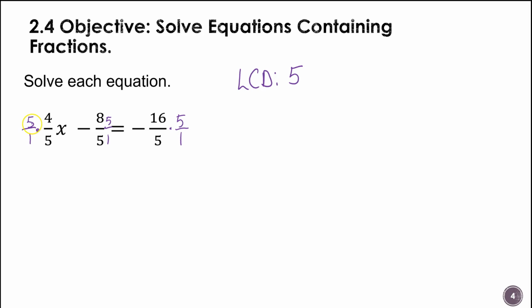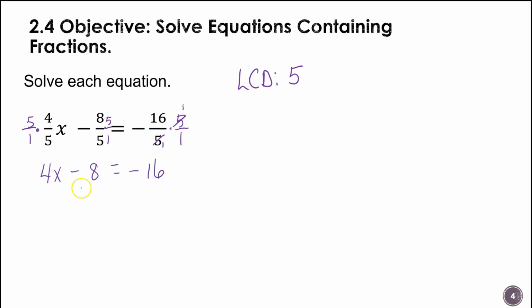If I multiply straight across, I get 20 over 5, which is 4, and that's a 4x. On this one, that's 40 divided by 5, so that's -8. And then this is -80 divided by 5, or really, right, the 5's cancel out, and I just get -16.